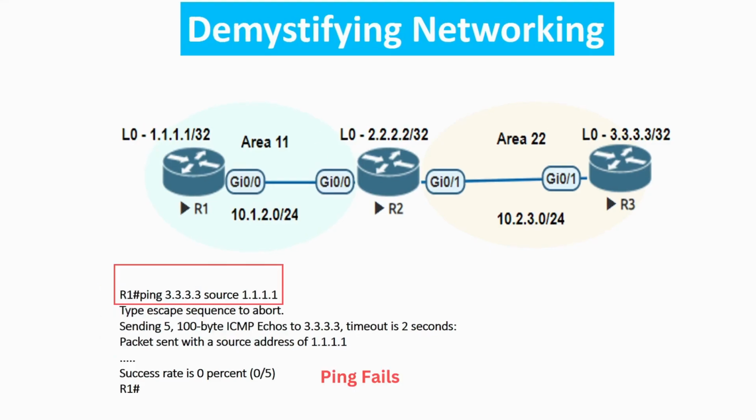Here, we are trying to ping from router 1 to the loopback 0 interface of router 3, and this ping is failing. In this video, we are going to see why this ping is failing and how to fix it.